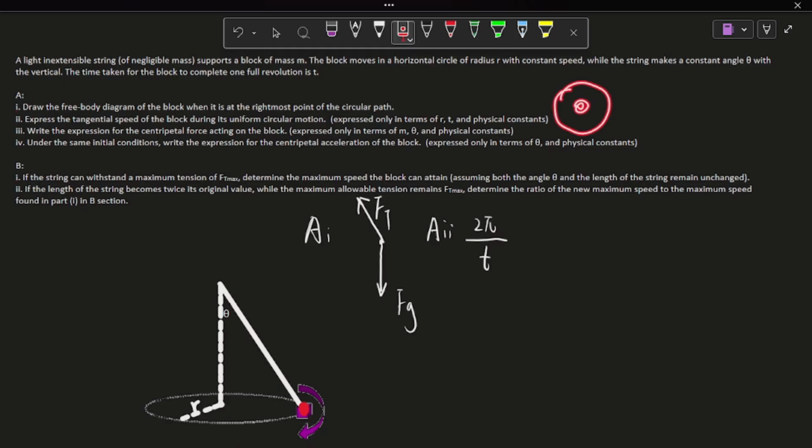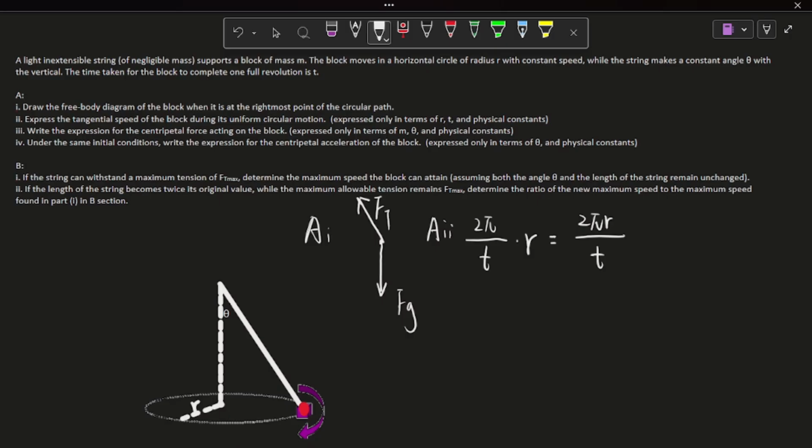And how do we convert the angular speed to the linear speed or tangential speed? We just multiply it by the radius. So after we combine them, we get 2 pi r over t. That's the answer for the second part.